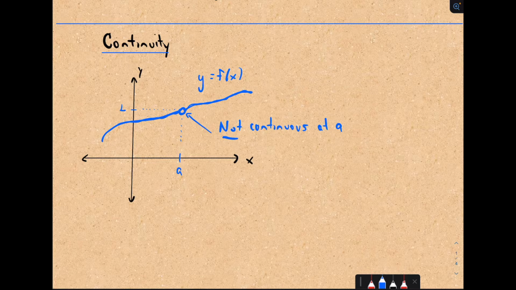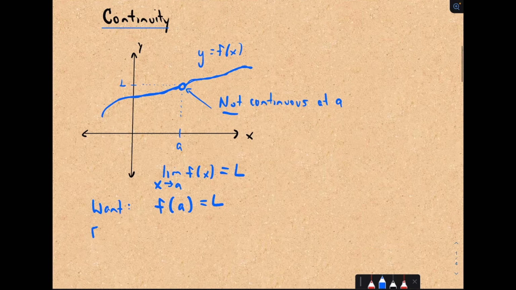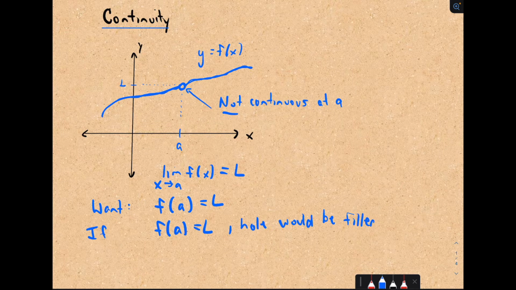So notice we have the limit as x approaches a of our function. As the x coordinates get closer and closer to a from the left or from the right, those values get closer and closer to that value L. What we would like to have happen is that f of a equals L. If f of a equals L, the hole would be filled in.